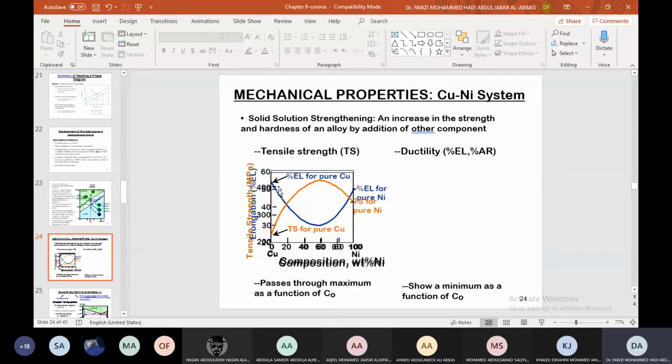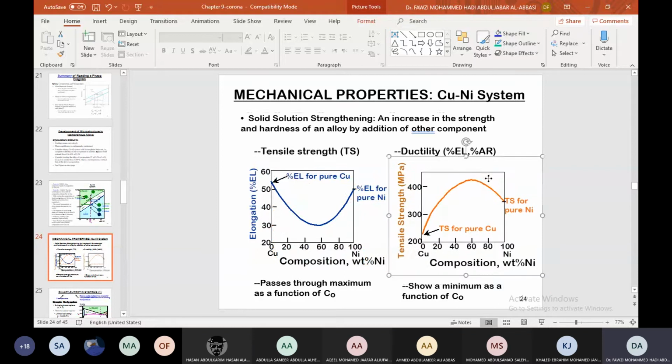You have good strength and you have good ductility as well. But if you want more ductility, you go for lower strength, but you understand how much ductility you are using there. So this is also a way in order to get the optimum behavior of the material when you consider both ductility and the strength of the material.